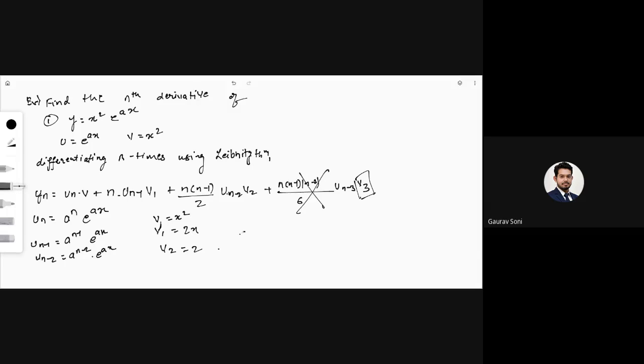And so yn is equal to a raised to n e to the power ax into x square plus n into a raised to n minus 1 e to the power ax into 2x plus n into n minus 1 divided by 2 a raised to n minus 2 e to the power ax into 2.